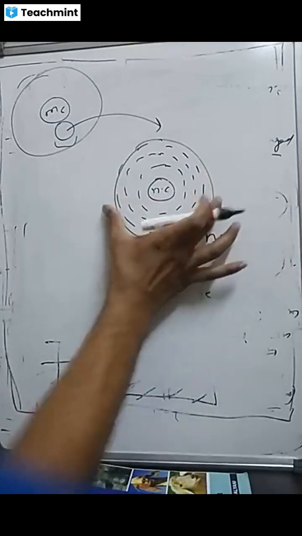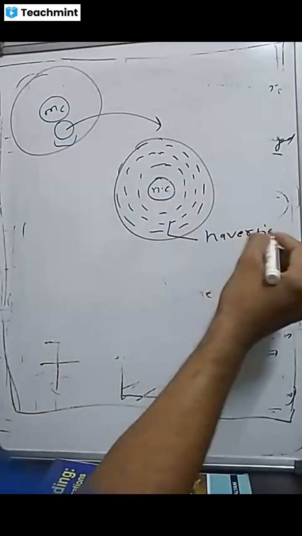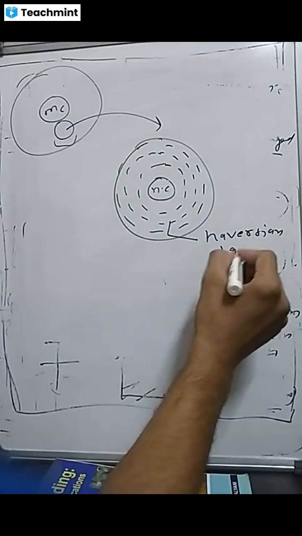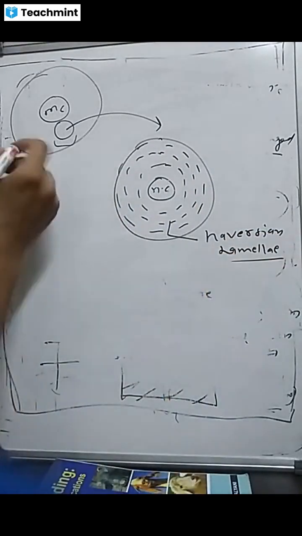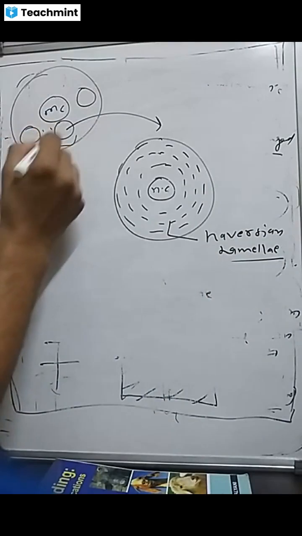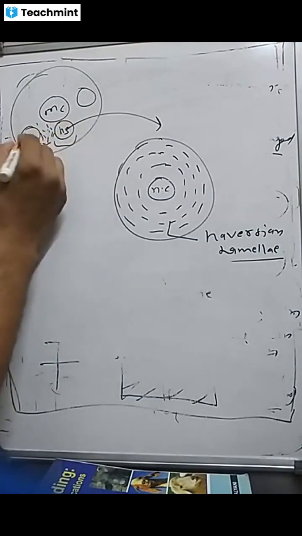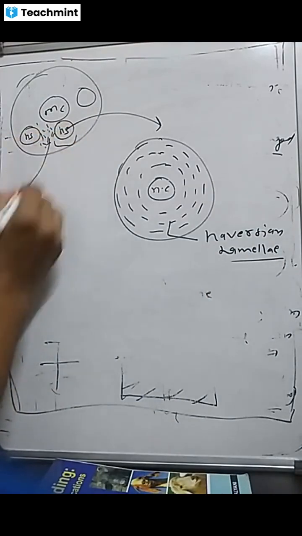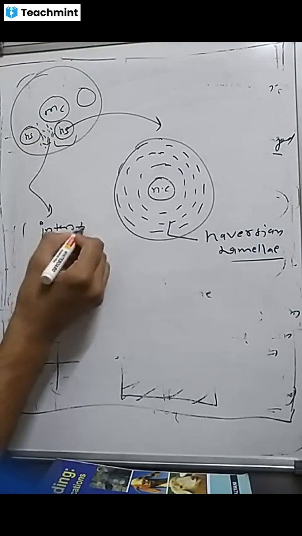Because they are present in the Haversian system, they are called Haversian lamellae. Similarly, one more: those in between two Haversian systems are interstitial lamellae.